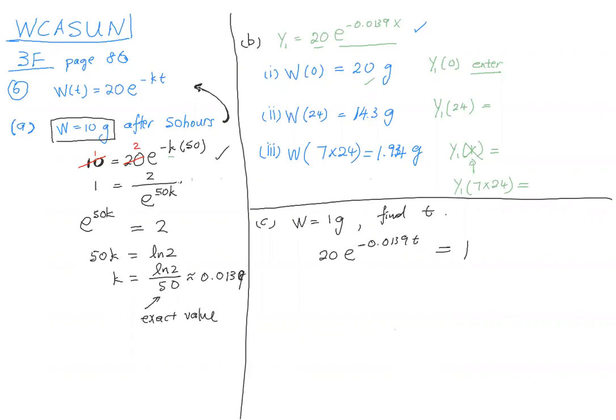You try to use your solver. Those who are not used to using solver, try to use solver. Avika, did you get the answer? Yeah, but I think it's wrong. Why you think it's wrong? Because I got a negative number. Oh, okay. So every time when you have e, the power is negative, correct?